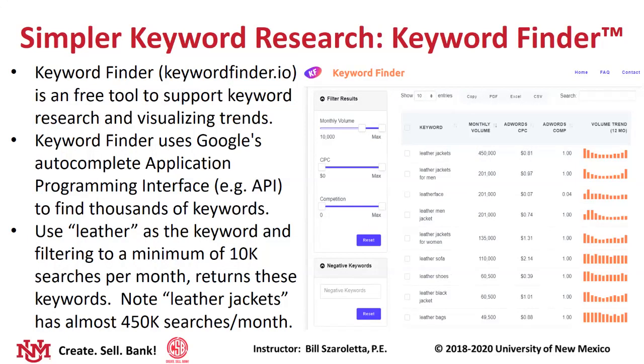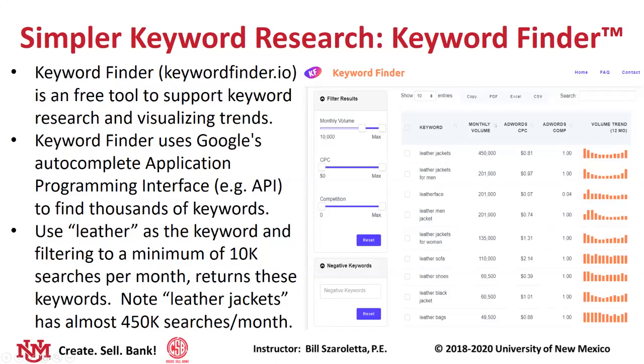So Keyword Finder is a real simple, free keyword research tool. Now you can pay money to them and get a lot of additional services, but it's keywordfinder.io. And it uses Google's autocomplete application programming interface, the API, to find thousands of keywords.